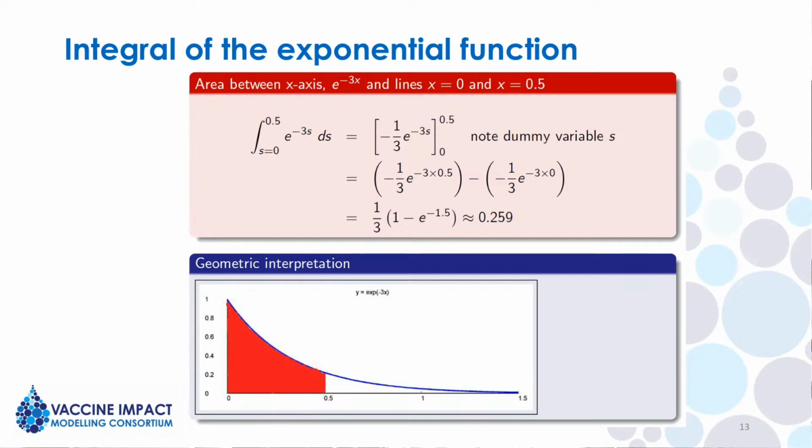We put our bounds in, substituting them for our value of s, to arrive at our solution to our definite integral. So what's this saying? Our blue line is e to the minus 3s. We're going between s equals 0 and s equals 0.5. So we've got a well-defined window where we're looking at the area under the curve in this place.